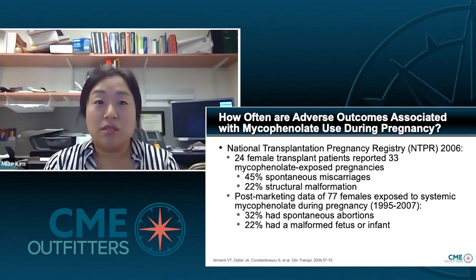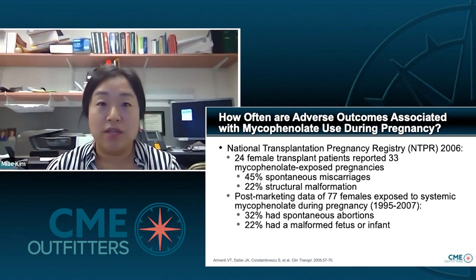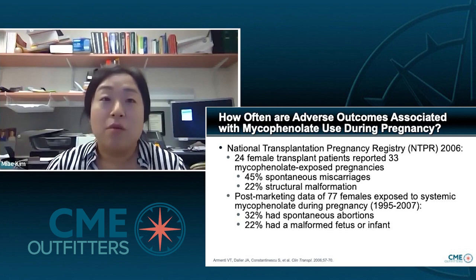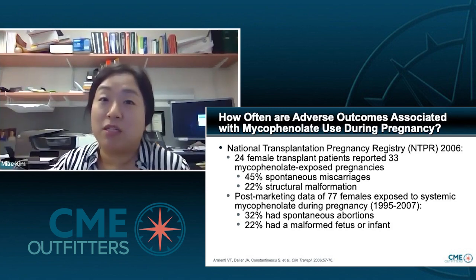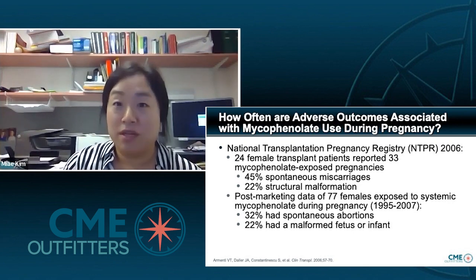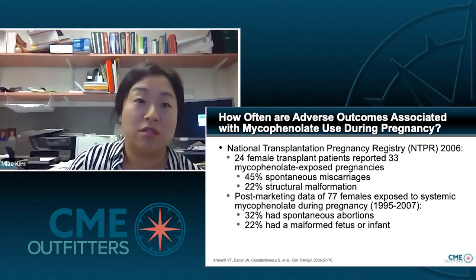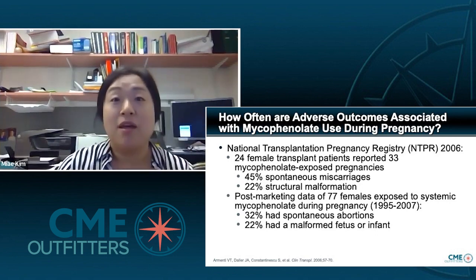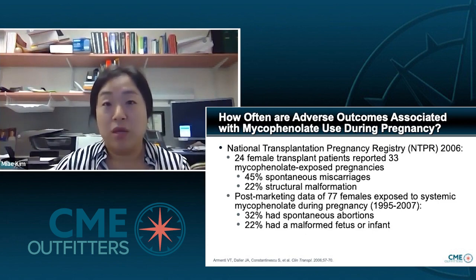In 2006, the famous, or should I say notorious, NTPR, National Transplantation Pregnancy Registry data, published their findings in 33 MPA-exposed pregnancies, reporting 45% miscarriages and congenital malformation in 22% of the remaining live-born infants.